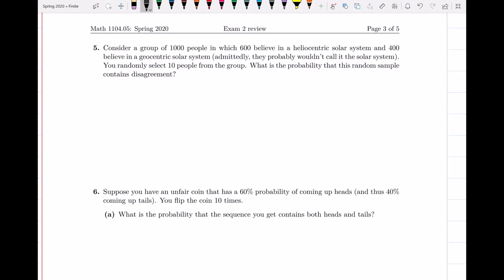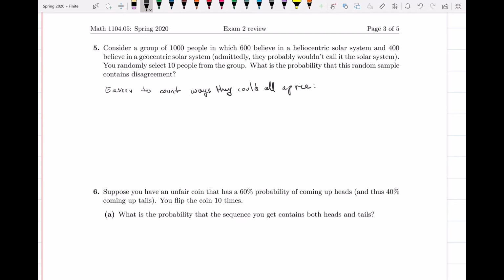So it's easier to count the ways they could all agree, which is the opposite.